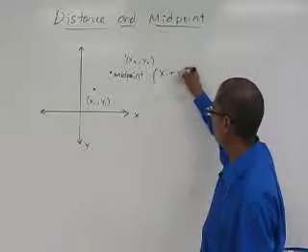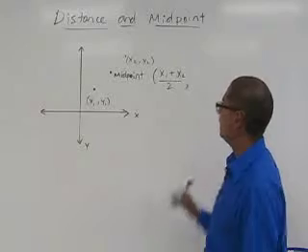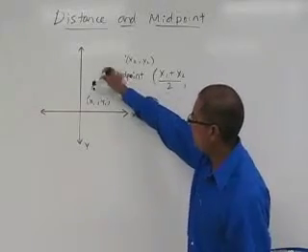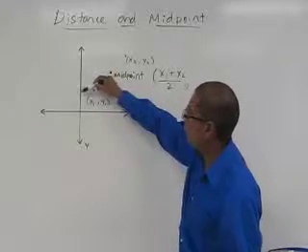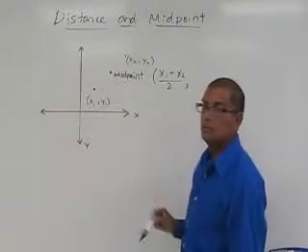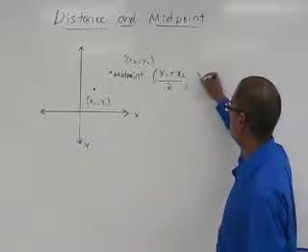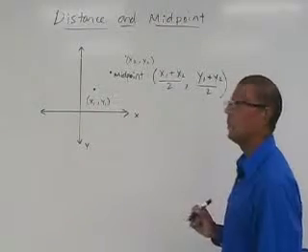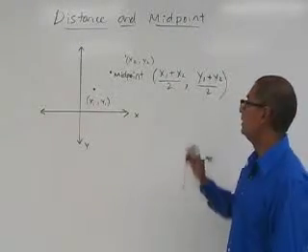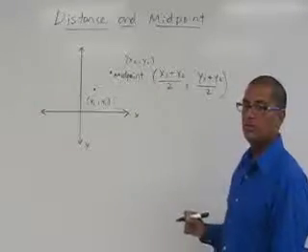So my x-coordinate will be x1 plus x2 over 2, and similarly for my y-coordinate, I want the middle between y1 and y2. That's the average of those two, so y1 plus y2 over 2. And so I have the midpoint. Remember, it's a coordinate point.